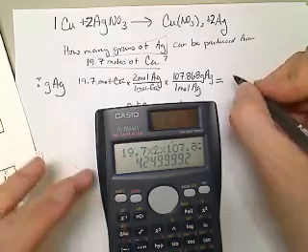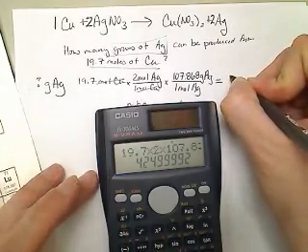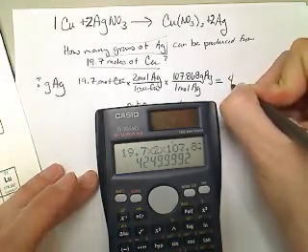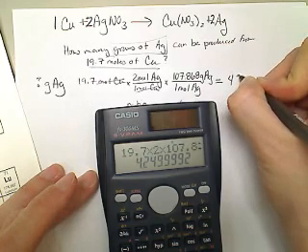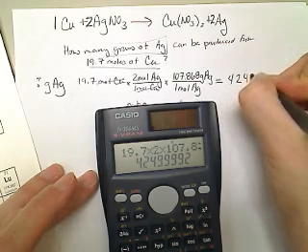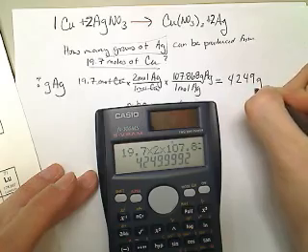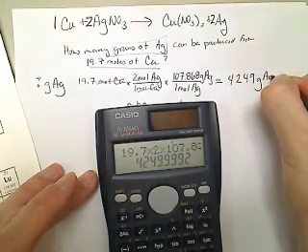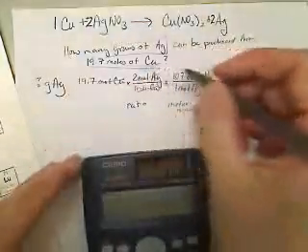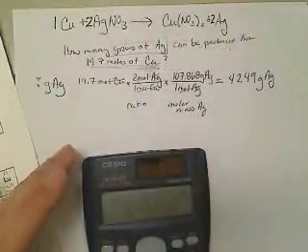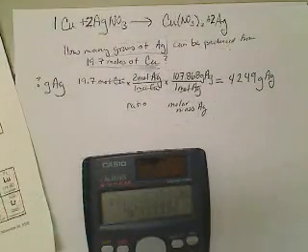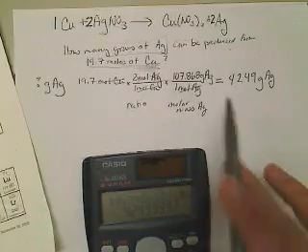All right. So in this case, I would need 4,249 grams of silver. So moles cancel, and there we go. All right, so that'd be the mass that we would need of our silver.